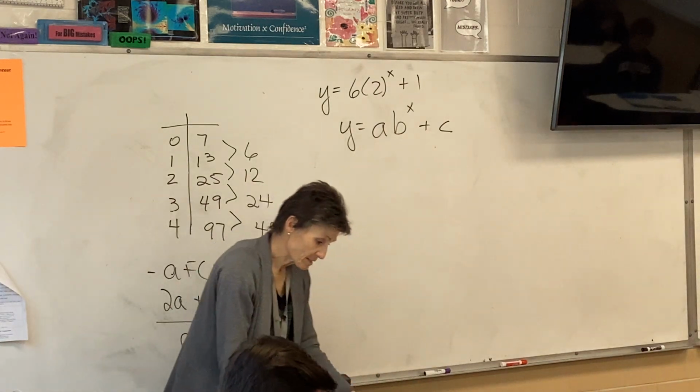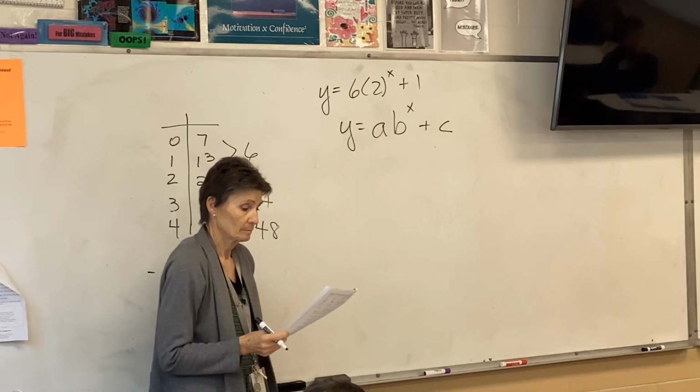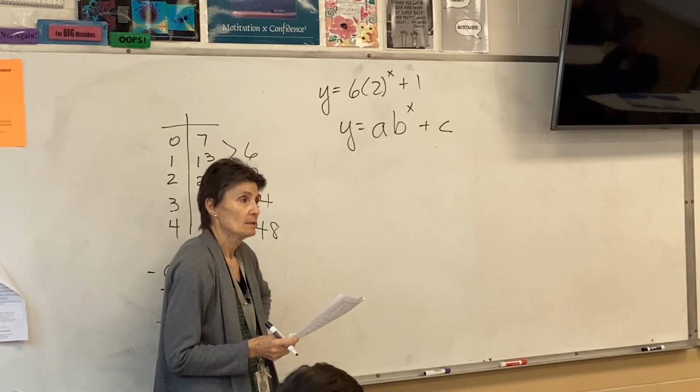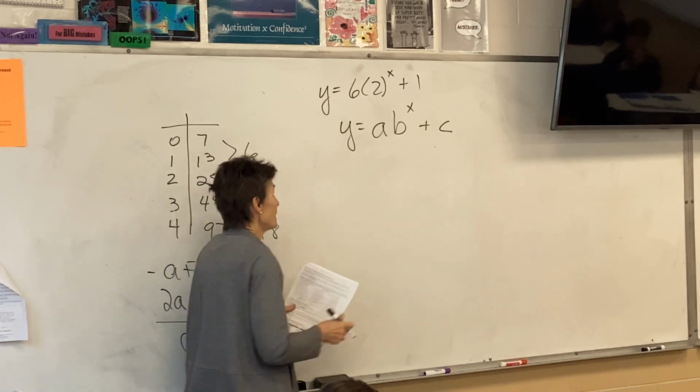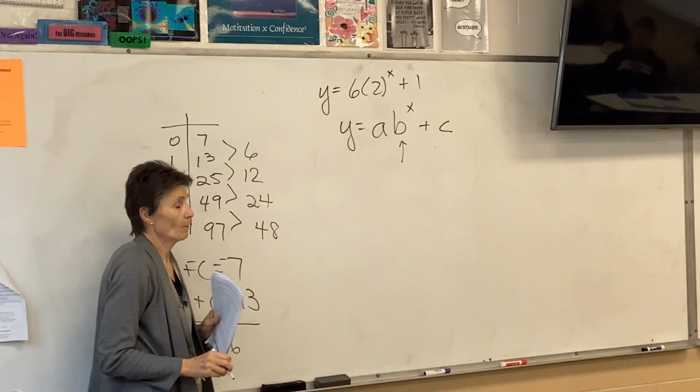Examine this, it's table B. Find the differences and tell me if you can figure out your common ratio.